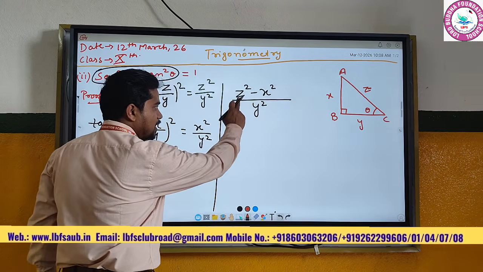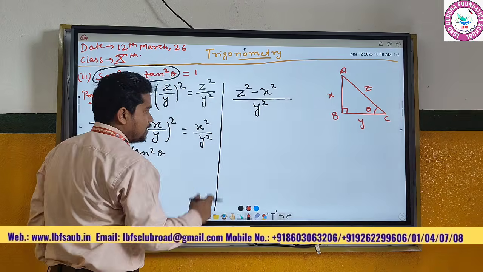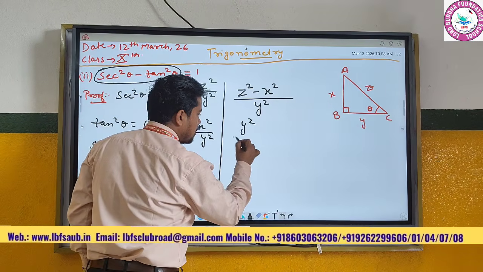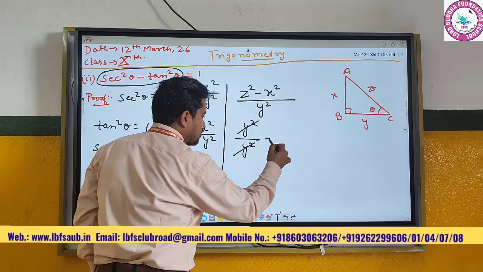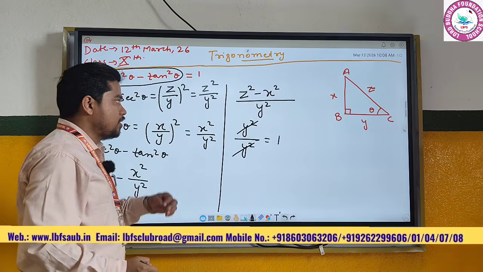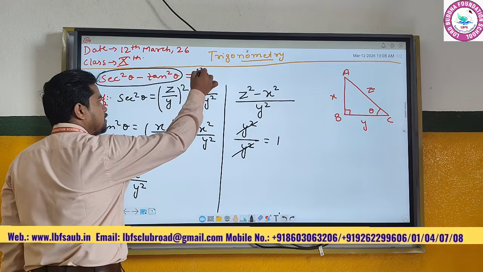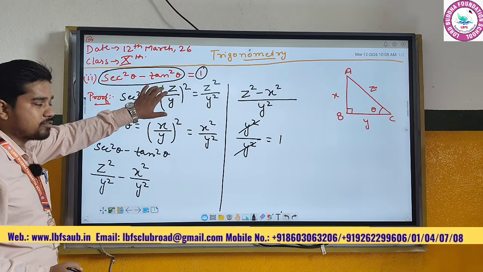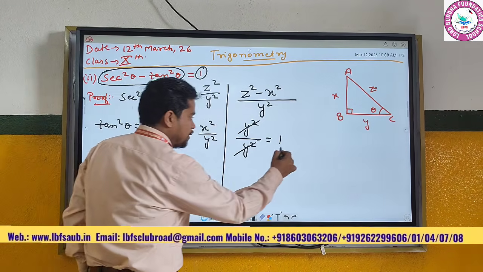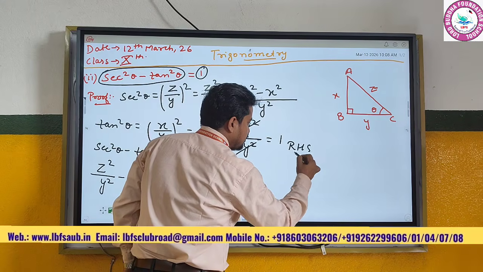Okay, so we can write it as z square minus x square as y square upon y square. So we can solve it as y square upon y square, which means it is 1. So what we have to prove, that sec square theta minus tan square theta is equal to 1. So it is equal to its RHS.